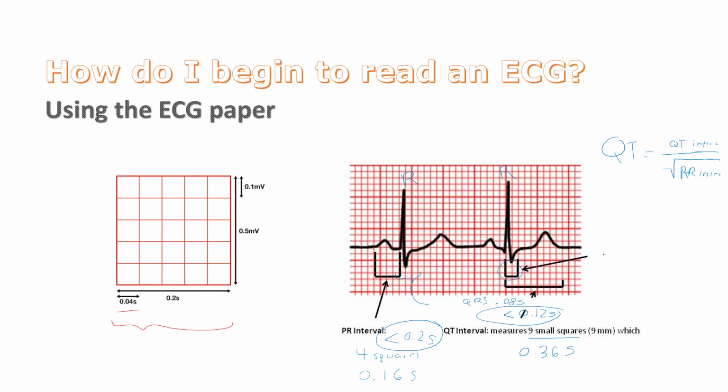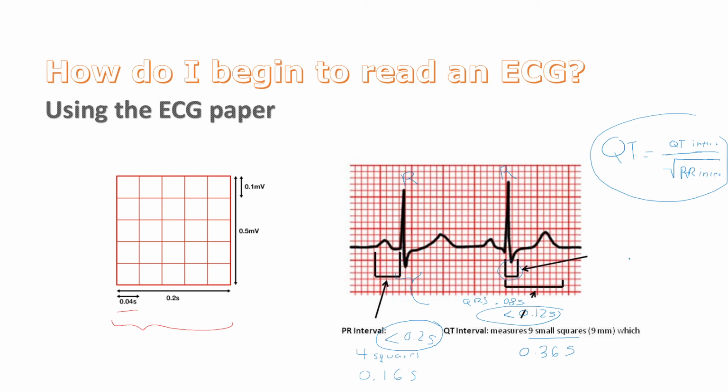In general, the QT interval is normal when it's less than half of the RR interval. So you will consider these definitions if you want to see how normal your heart rate is.